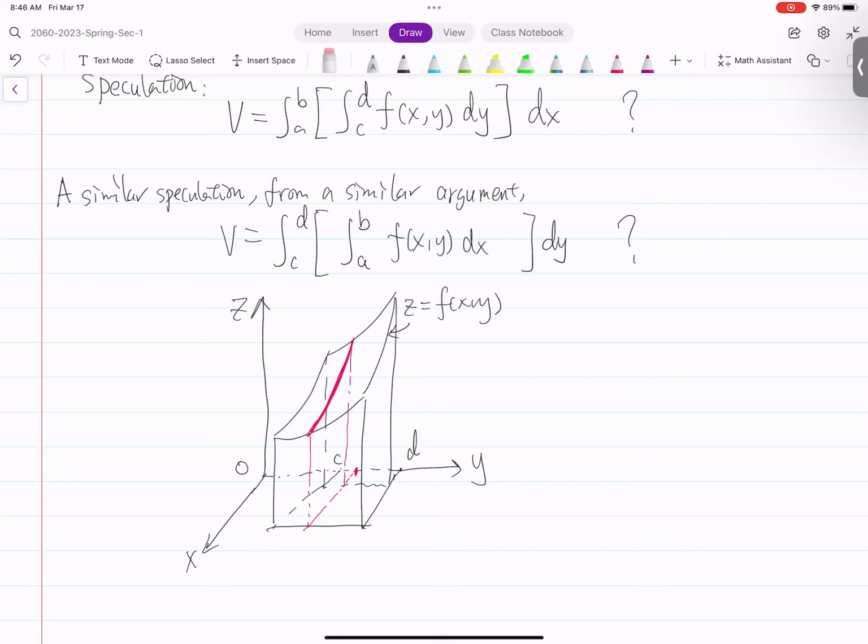But then if you have y0 to be this, then this is actually an intersection. That's z equals f of x, y0, which is a function of x. So that's why you're integrating f of x, y0 on the interval from a to b.